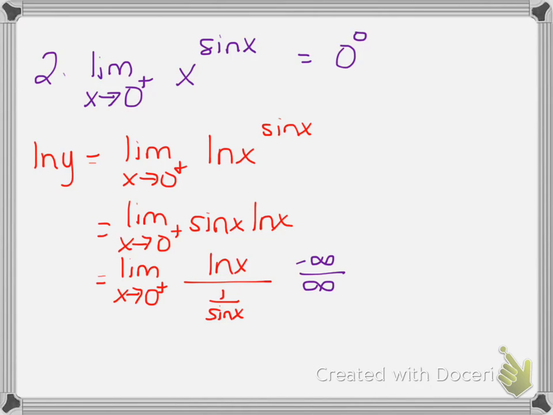We don't know what that means, but I do know that I can use L'Hopital's rule. So the derivative of ln of x is 1 over x. The derivative of 1 over sine x, think of it as sine of x to the negative 1, so the derivative would be negative sine of x to the negative 2 times the derivative of the inside, which is cosine of x.